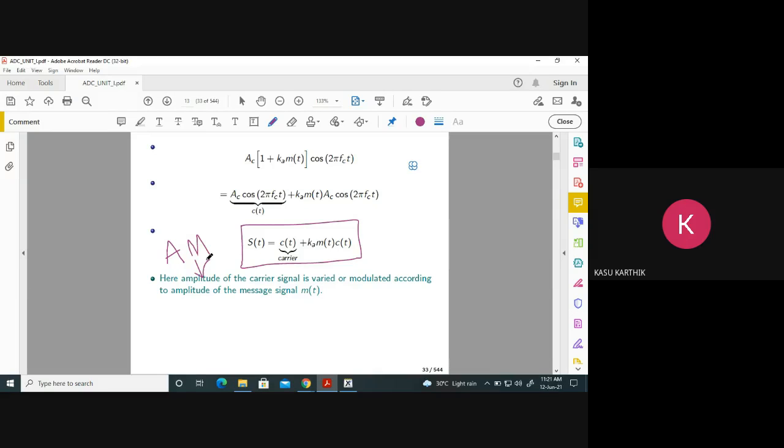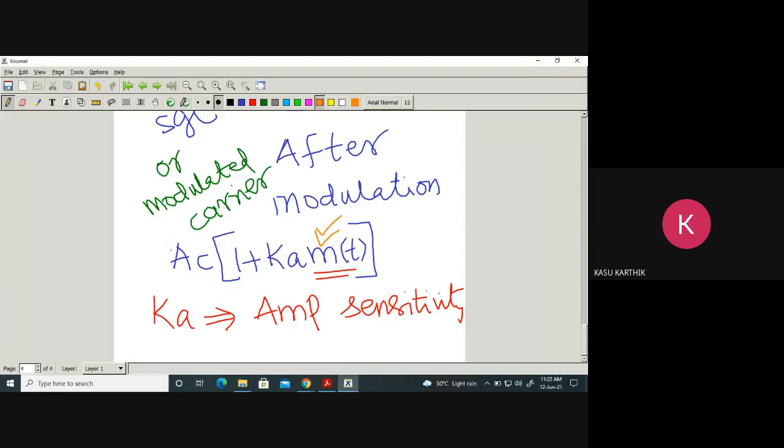The amplitude of the carrier signal is no more a constant because it is a function of time now. It is varied according to the amplitude of the message signal.